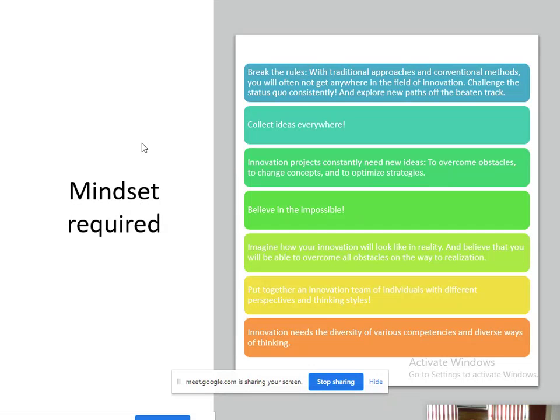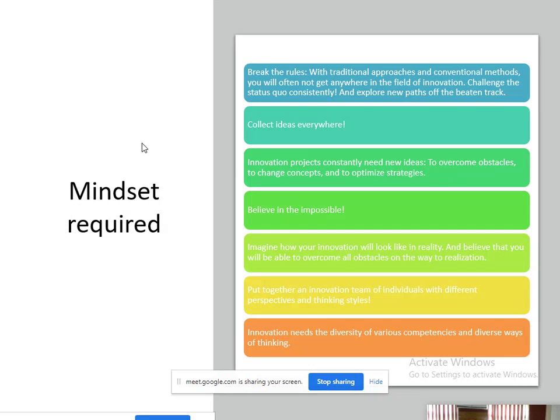Okay, and the next one is collect ideas everywhere. That means wherever you go, you collect ideas from everywhere. You can get some idea from some organization, and you can get some idea from startup companies also. Then next is your innovation projects constantly need new ideas.